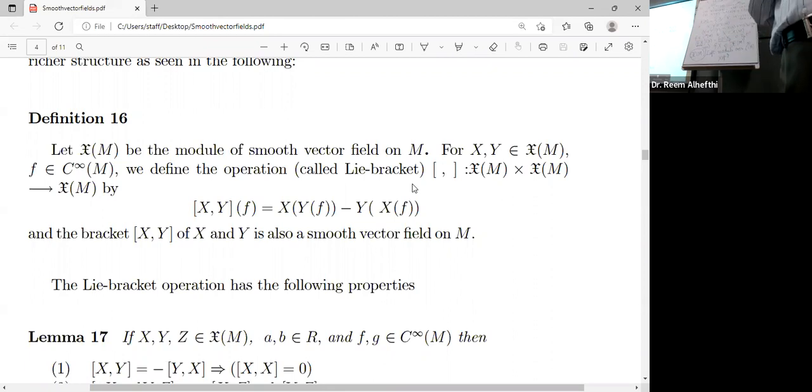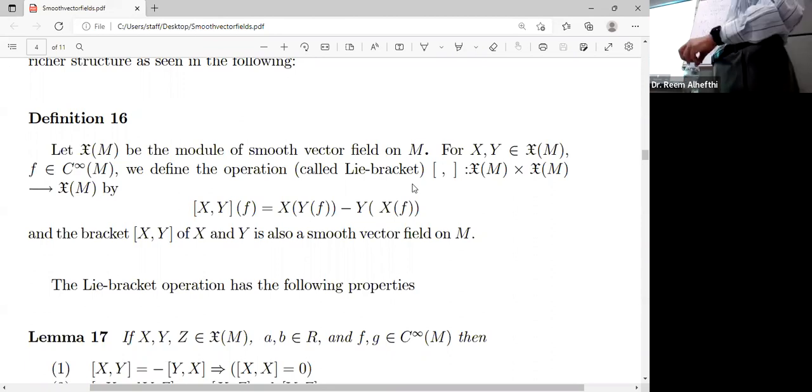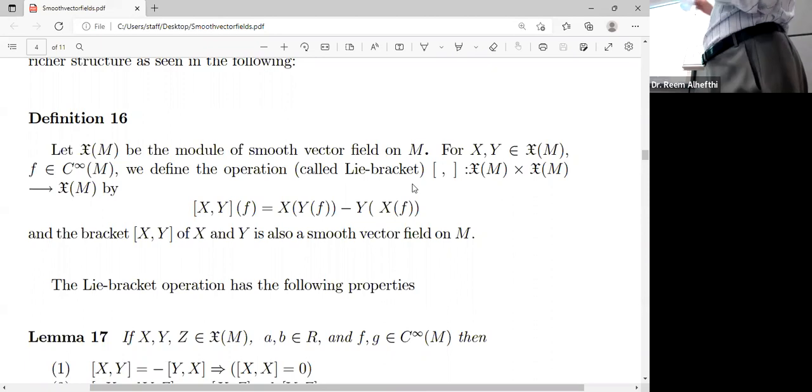I introduced vector field like this first, right? And then using this definition, we introduce X as a derivation.